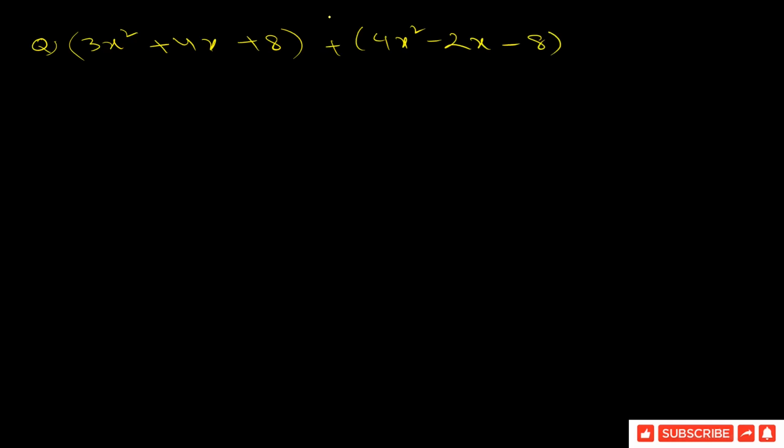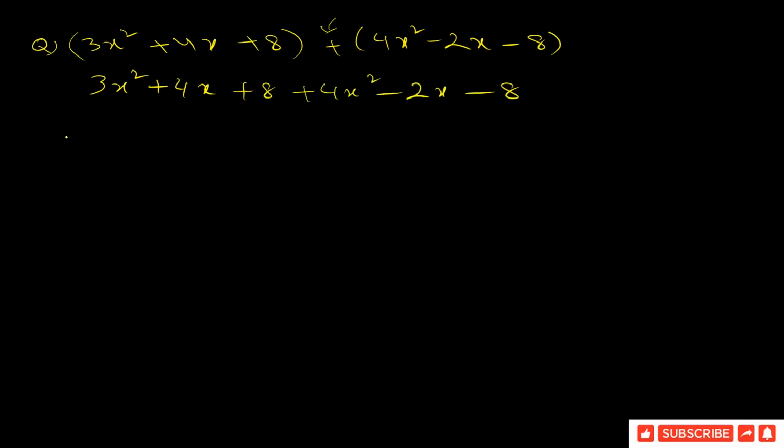When you have an addition sign in between two brackets, we do not change the sign of any expression. So here we keep these terms as they are: 3x squared plus 4x plus 8 plus 4x squared minus 2x minus 8.